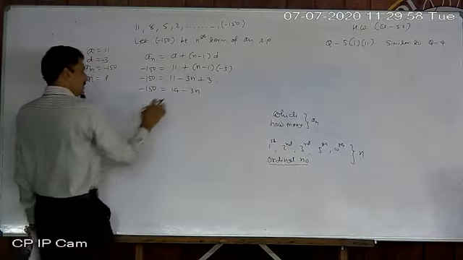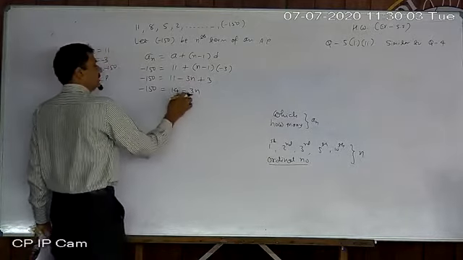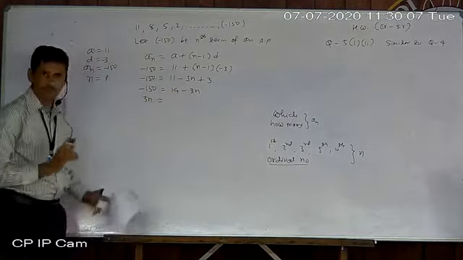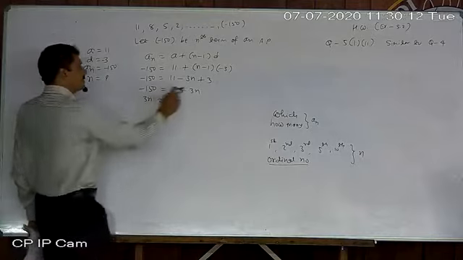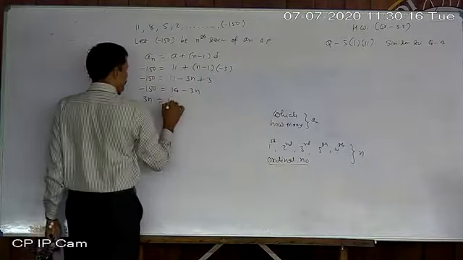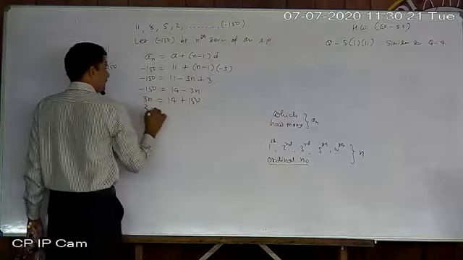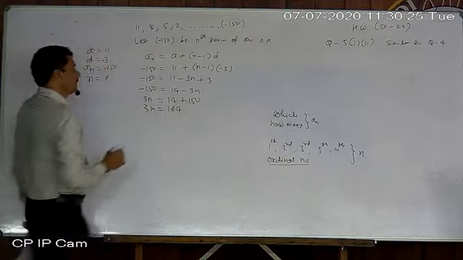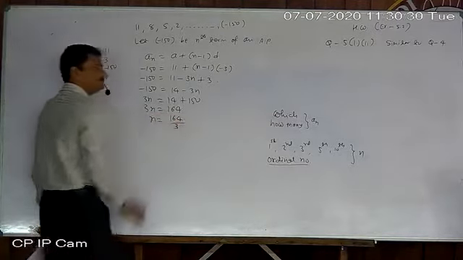Now if you want to find n, first of all I set 3n here. Why? Because the variable itself is negative, and we always try to keep that variable positive only. So I shift those terms. Now it is 14 plus 150. So 3n equal to 164, so n equal to 164 upon 3.